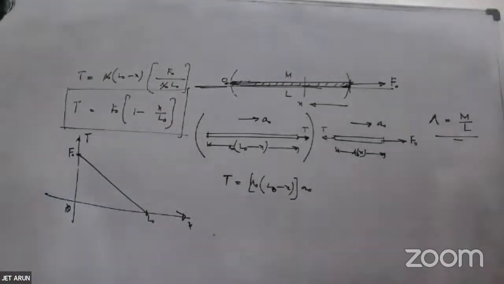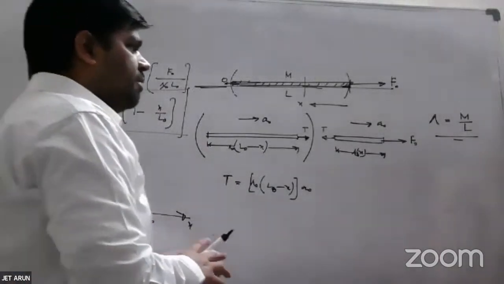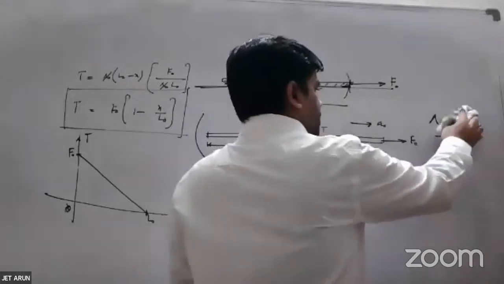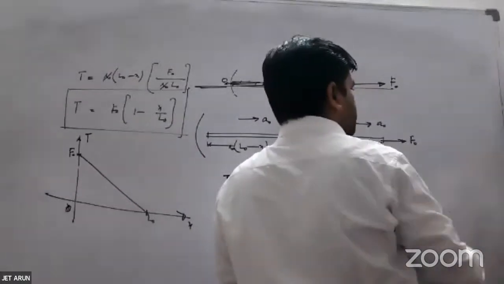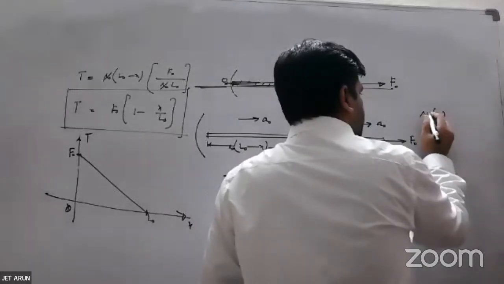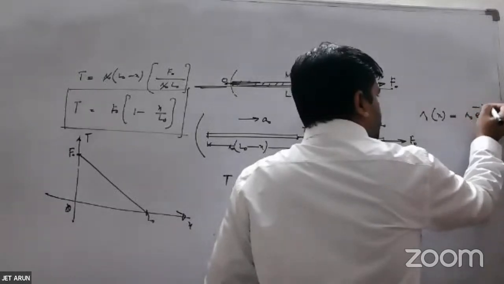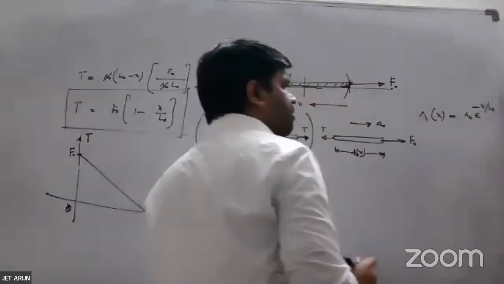Now what we should do is, I'll give you lambda. Lambda of x is varying as lambda naught into e power minus x by L naught.